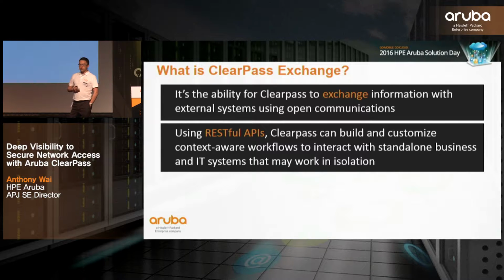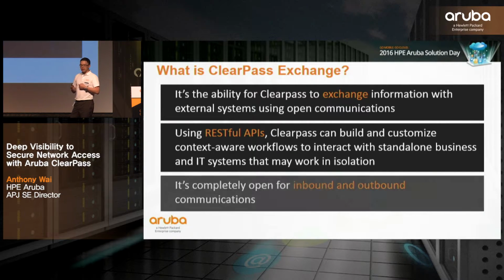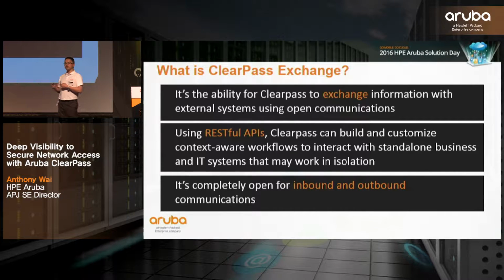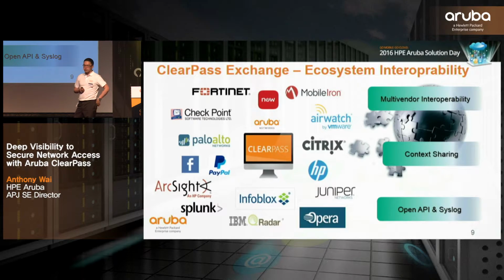We want to use the APIs offered by ClearPass so that a third party can also make actions on the ClearPass box. So it's not a one-way communication. It's actually bi-directional communication. I give information to other vendors, and other vendors also give information to me or make calls to me. So it's inbound and outbound communications.